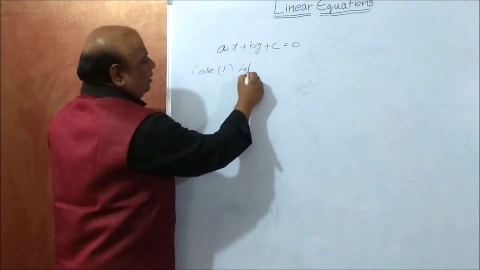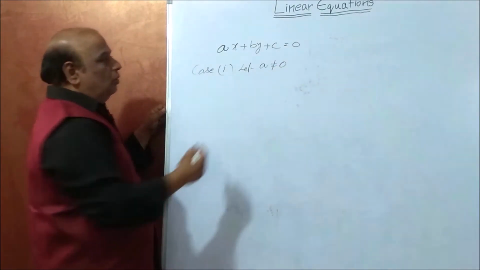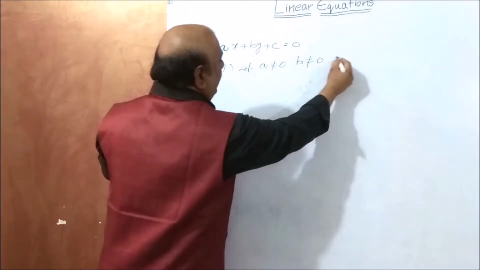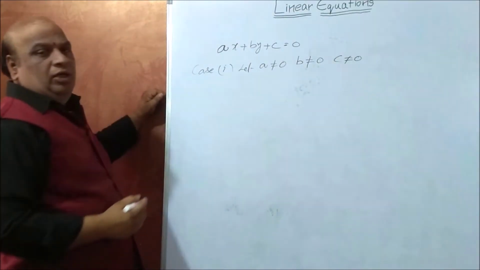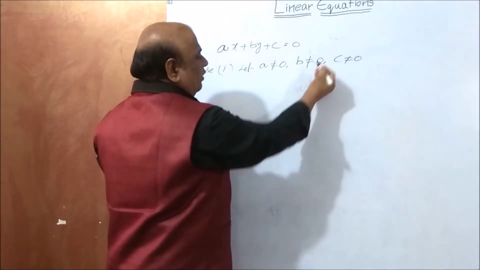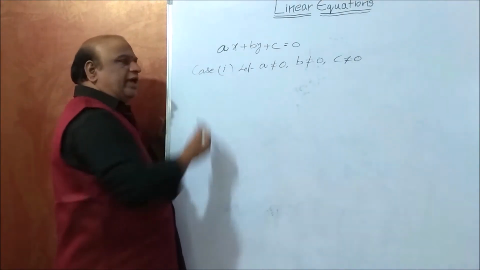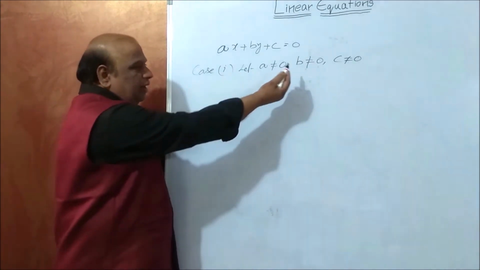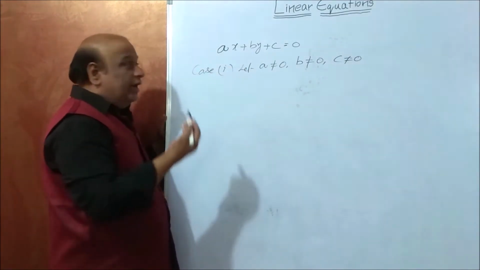Let a not equal to 0, b not equal to 0, and c not equal to 0. In this case, we are taking a, b and c not equal to 0, which means we can take numbers.